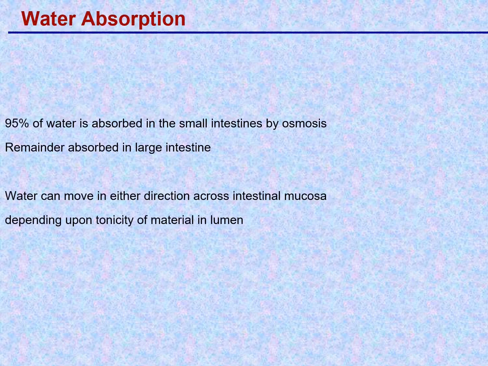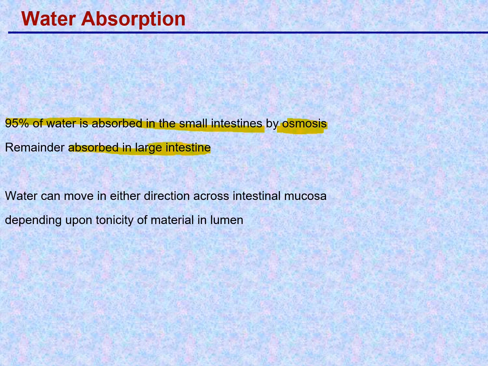Water absorption, as I said, is 95% in the small intestine. That is movement across the semi-permeable membrane, in other words, osmosis, and the remainder, almost every last drop of it, not quite every last drop, but the vast majority of the remaining 5% gets absorbed in the large intestine.